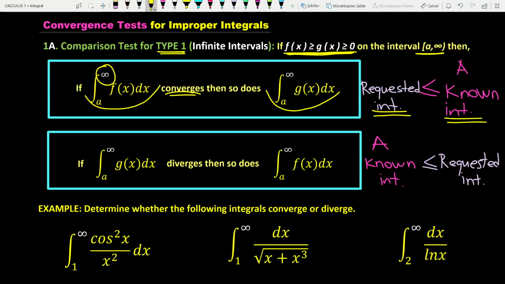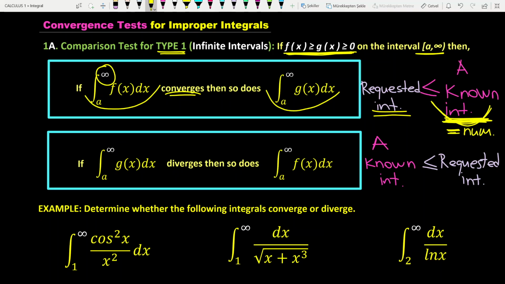We want to compare these two improper integrals, but we know the convergence of the right-hand side, the greater one. We know that the answer of this is a number, not infinity.